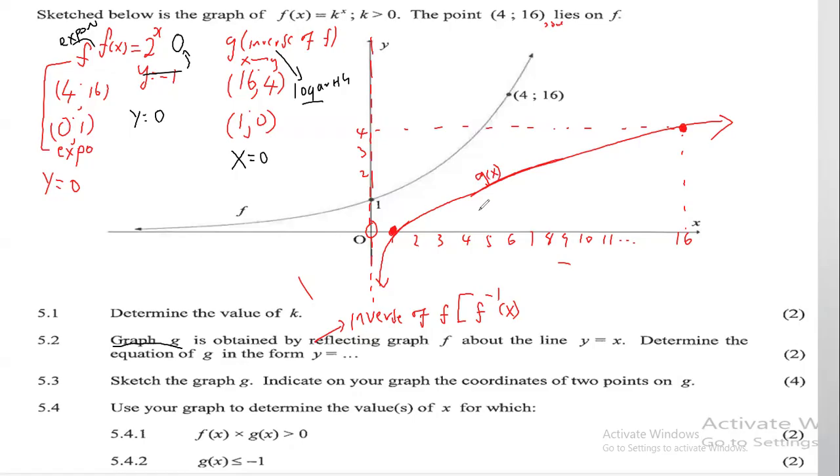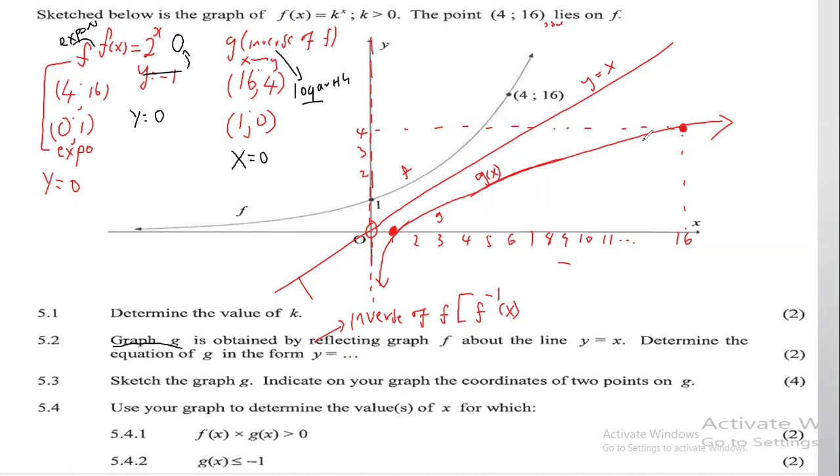The exponential graph was not touching the x-axis. The logarithm graph, the inverse of the exponential, will not touch the y-axis. How did I find the coordinates? I just swapped the points. Look how simple it is. Now, I know there is a line y equals x, because g is the reflection of f along this line, y equals x.